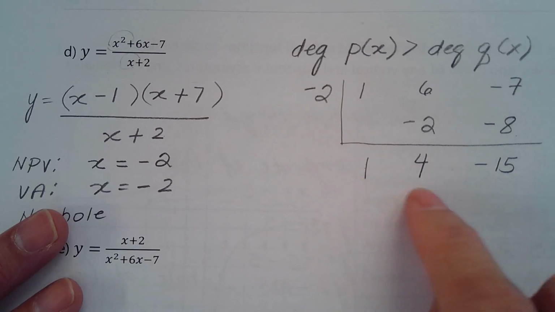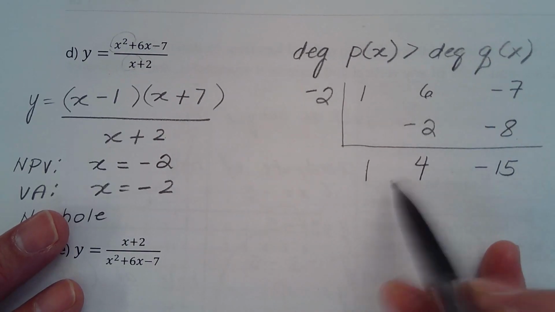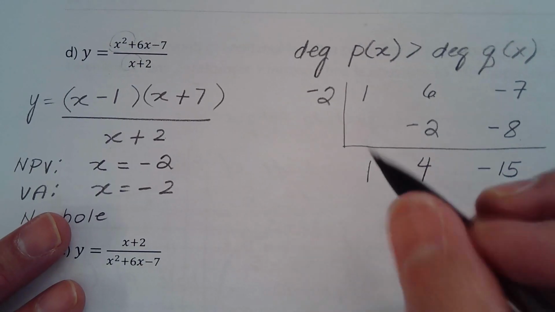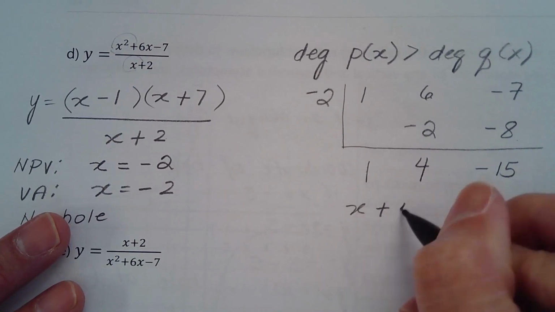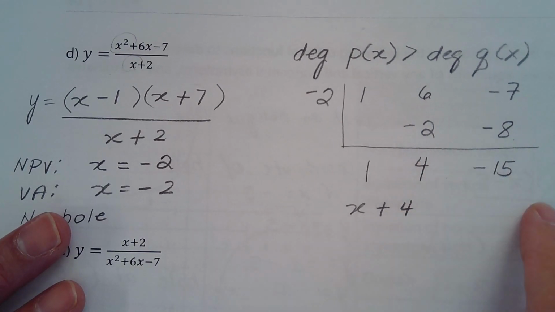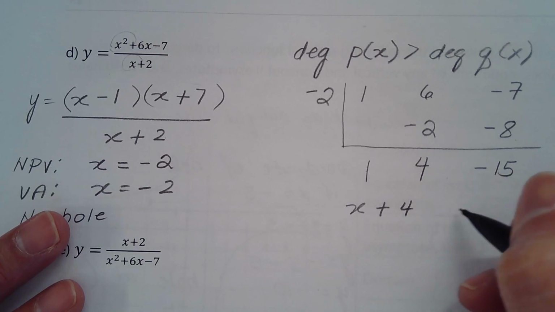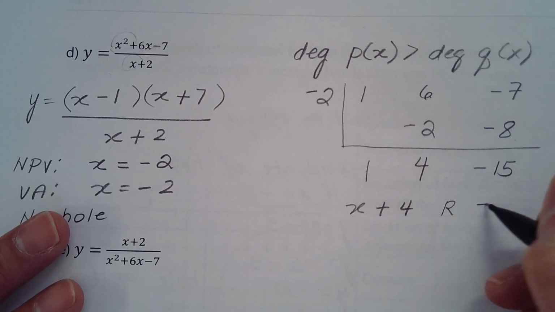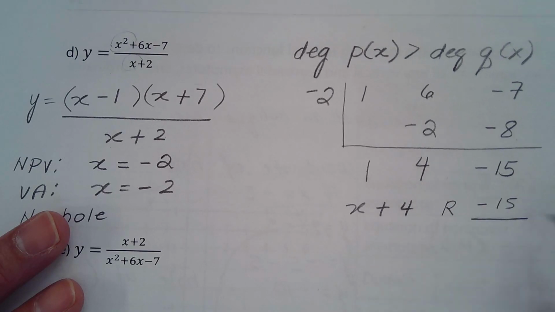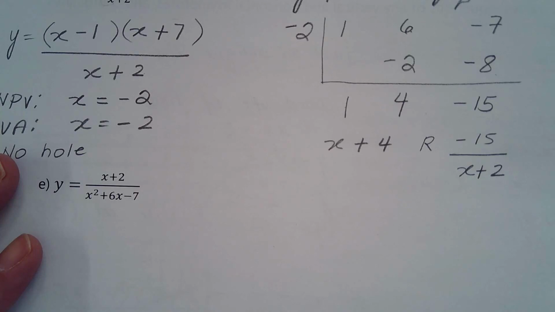So that tells us that it's really approaching the x plus 4 line, but because we have this remainder, the remainder is -15 over x plus 2, right?